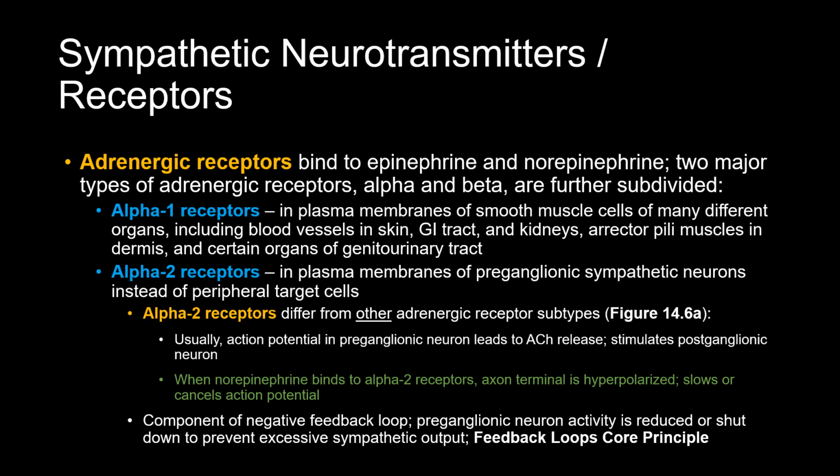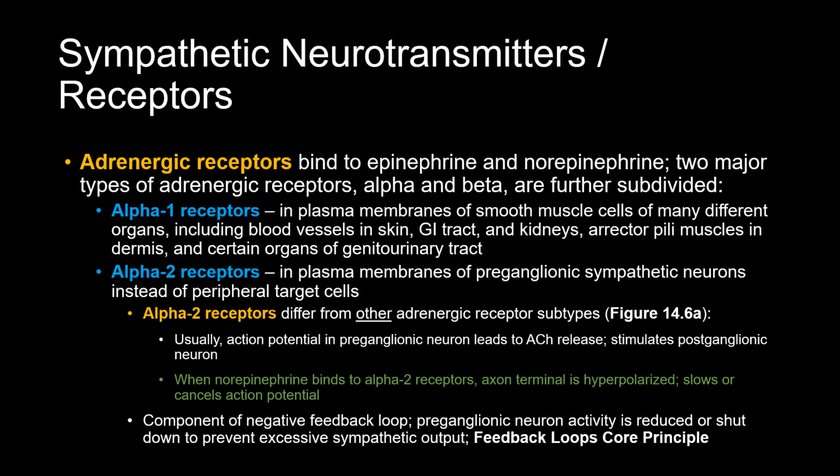Alpha-2 receptors are going to be a little different than the other adrenergic receptors. We find them in the membrane of preganglionic sympathetic neurons rather than in the peripheral target cells. Okay, remember that normally an action potential in a preganglionic neuron leads to an acetylcholine release, which will then stimulate the postganglionic neuron.